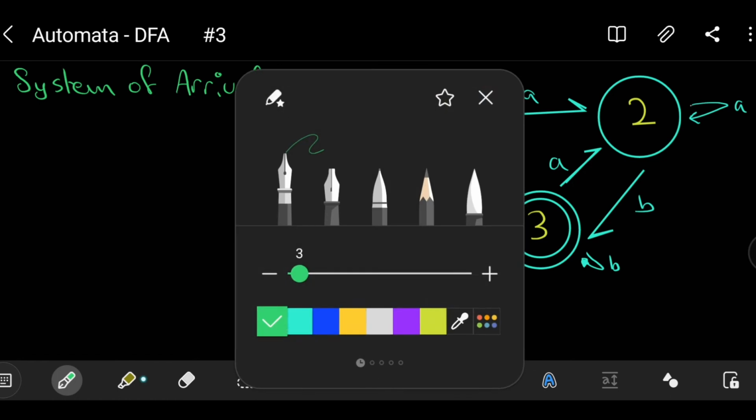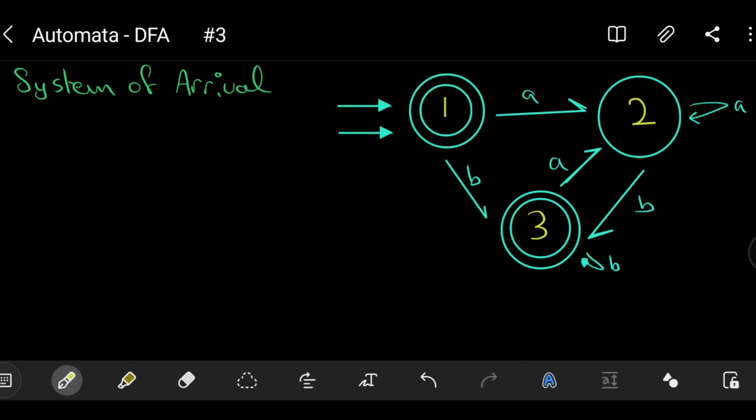So if we look at the arrival of 1, what are the entities that arrived to 1? A1 would be only the epsilon, so only the initial state arrives to 1. Let's take state number 2, the second state.